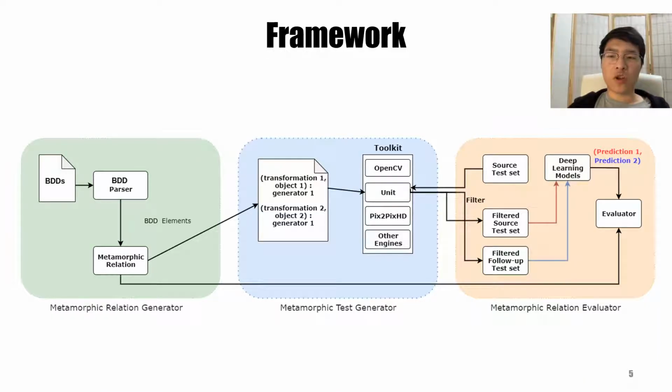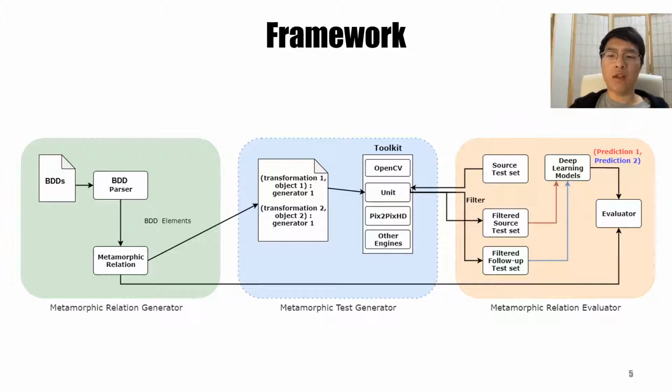As the figure shows, BMT contains three components: a MR generator, a metamorphic test generator, and a MR evaluator. Initially, a domain expert expresses expected driving behaviors in cucumber-like syntax.